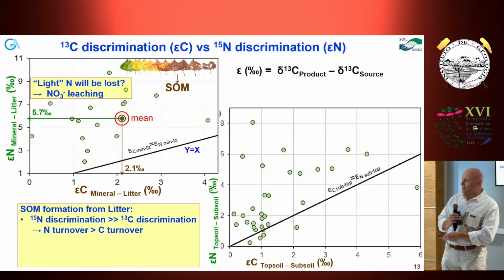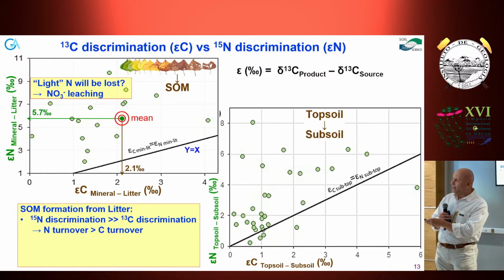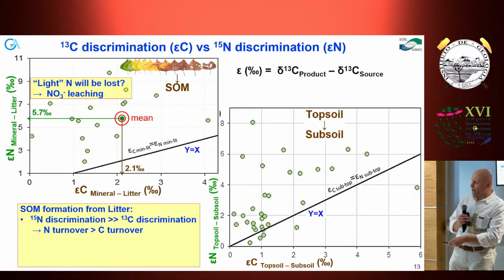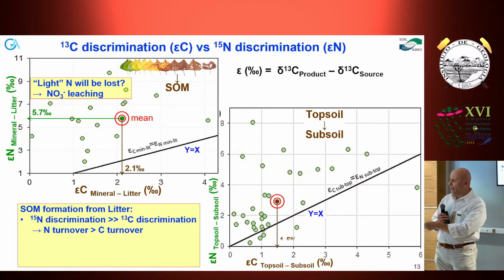Here the same is presented, but for the difference between the topsoil and the subsoil. This is for carbon, this is for nitrogen. And again, you see that most points are located above the one-to-one line.